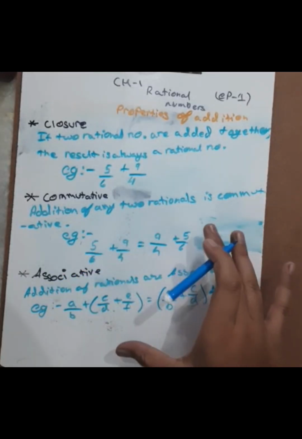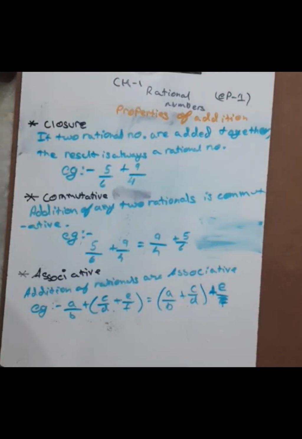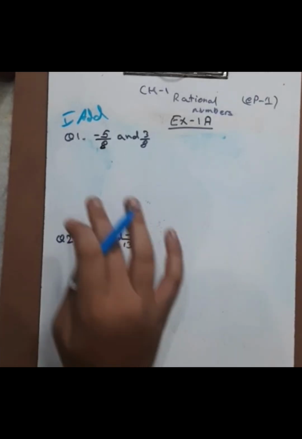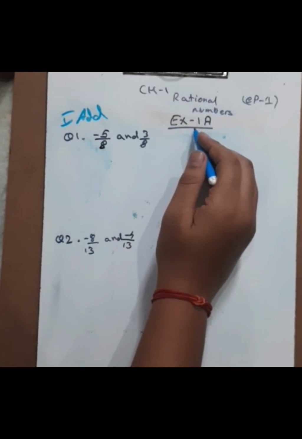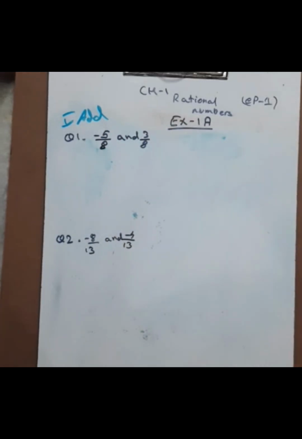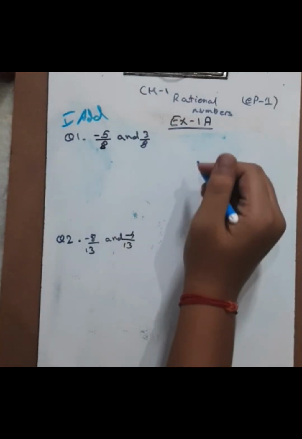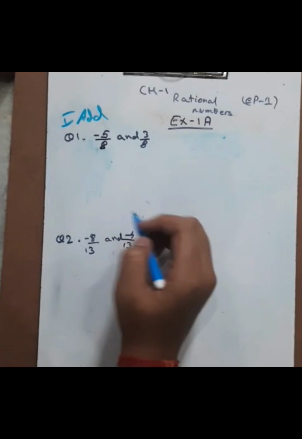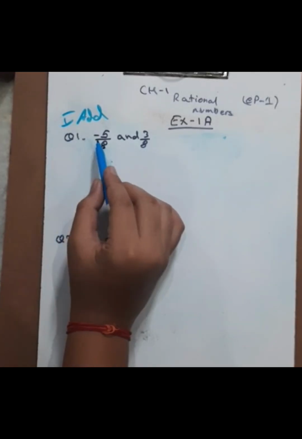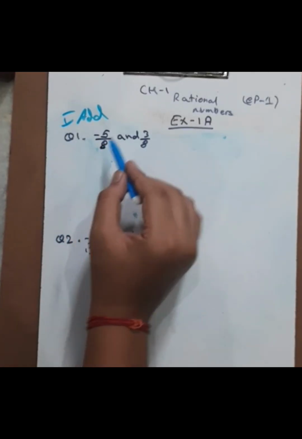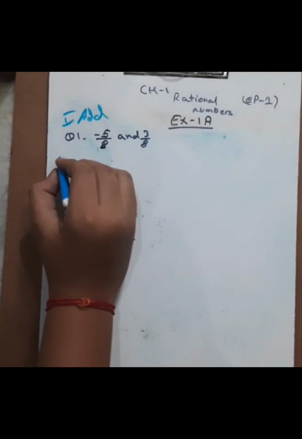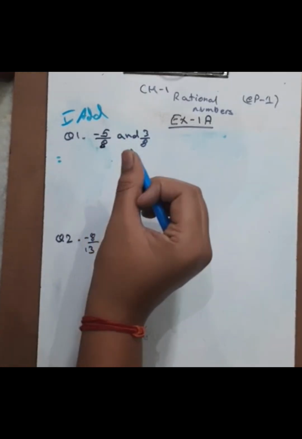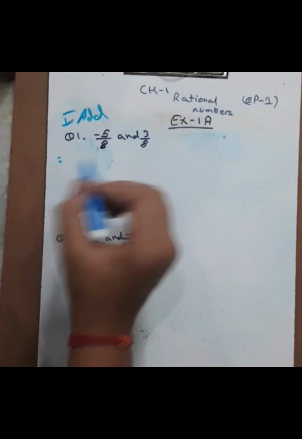So take a screenshot if you need. In this exercise 1A, we have to just add. The whole exercise is about addition. The question is minus 5 by 8 and 3 by 8. We have to take out the LCM, but the denominators are the same, so the LCM will be 8.